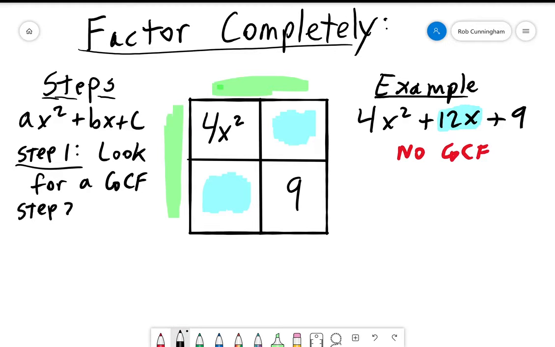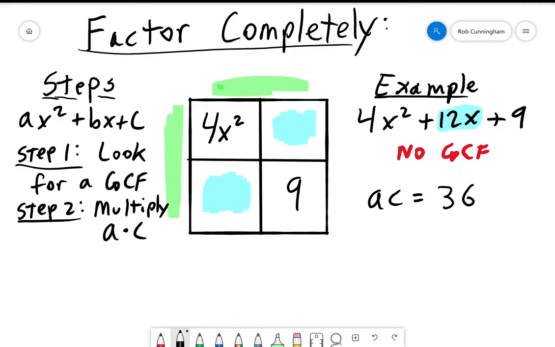Step 2. We're going to multiply the values of a times c. A is that 4 in front of the x squared, c is that 9. So a times c is 4 times 9, which is 36. Now, this seems unusual, like why are we multiplying a times c?